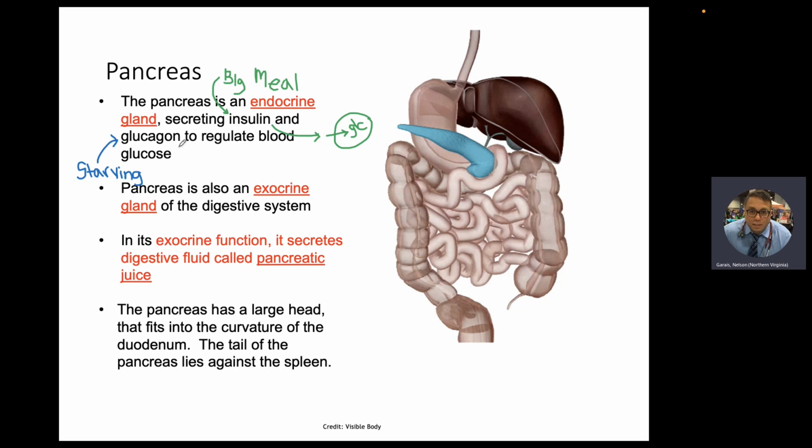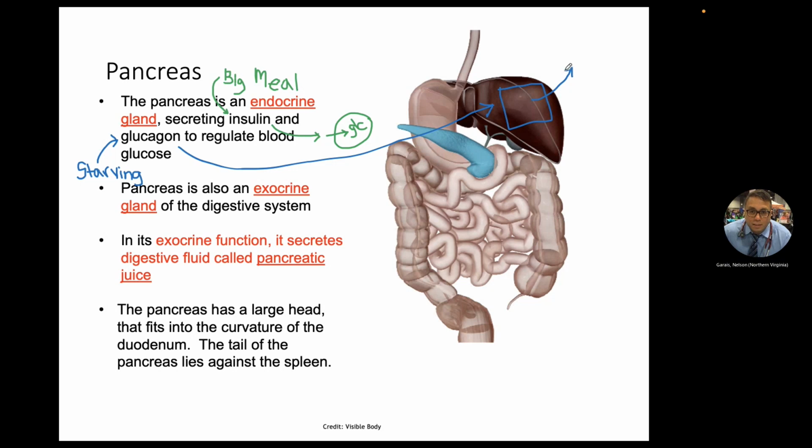Then glucagon tells the liver, hey, buddy, can you open up the glycogen stores? And I'm going to make glycogen like a box so that the glycogen can then do what? Release glucose into the bloodstream. So I won't be hypoglycemic. I won't die. I'll be okay.